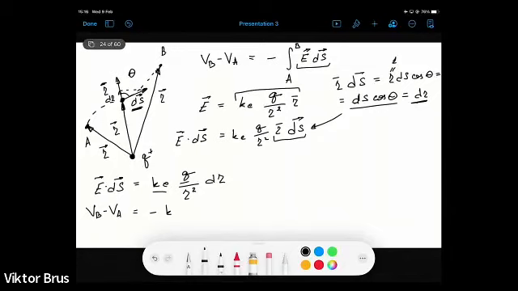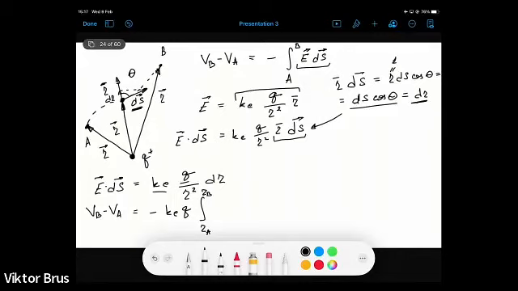So it doesn't depend on position. So Ke times Q integral from position of point A to position of point B. So that is defined by RA and RB.